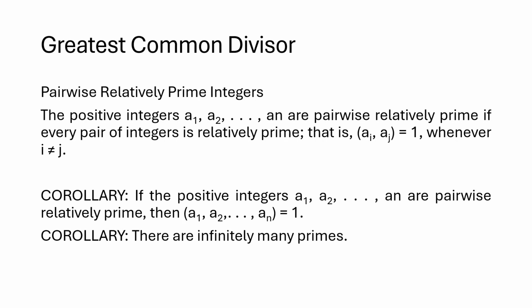However, if we pair these numbers, 6 and 15 are not relatively prime with each other, right? So that's the reason.